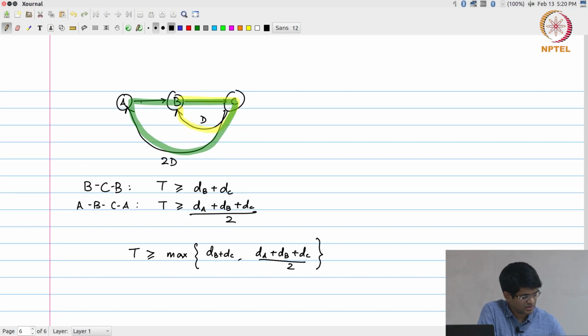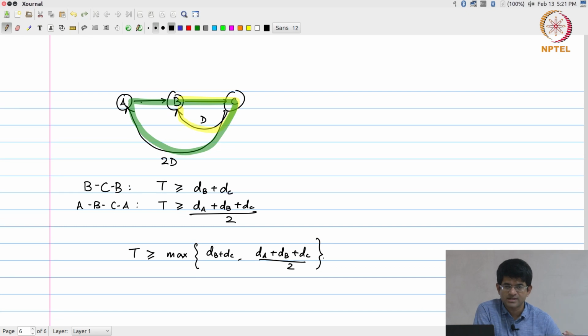Please keep in mind it is not obvious whether it is dB plus dC or (dA plus dB plus dC) by 2, because it depends on the actual values, which you do not know right now. So you actually have to compute both of those, find out which is the maximum, and then say T must be greater than or equal to that maximum value.